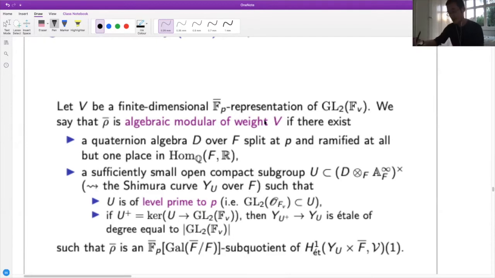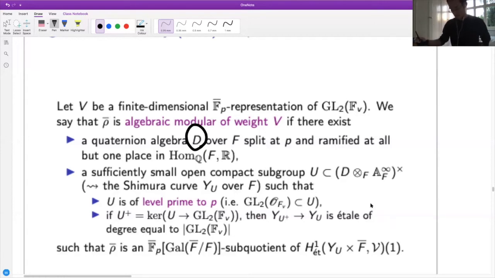In a nutshell, it means that there exists a quaternion algebra split at all places above p, ramified at exactly one infinite place and ramified elsewhere, that is, ramified everywhere except at one place where it is split. And this rho bar shows up in the first étale cohomology of the Shimura curve corresponding to that quaternion algebra, with coefficients in the mod p étale sheaf corresponding to the representation V.